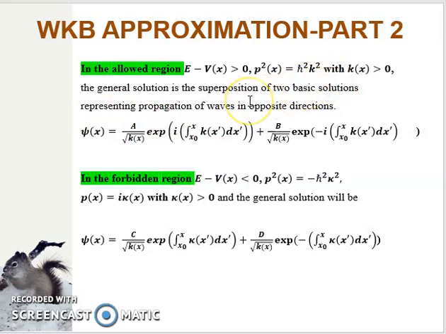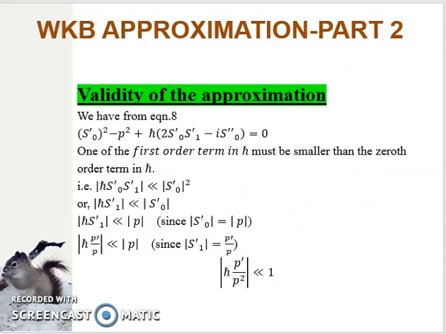The general solution is the superposition of the two basic solutions representing the propagation of waves in two opposite directions. This we have seen in part 1 of the lecture. And in the forbidden region, again we have a similar type of solution, except that in the exponential we don't have i, and the momentum p is imaginary in this case.